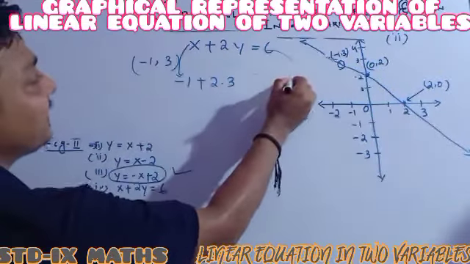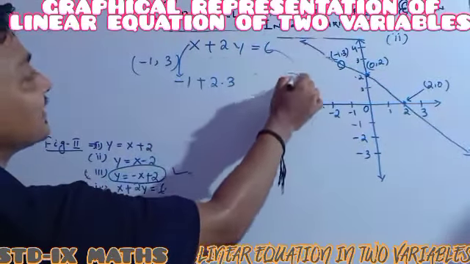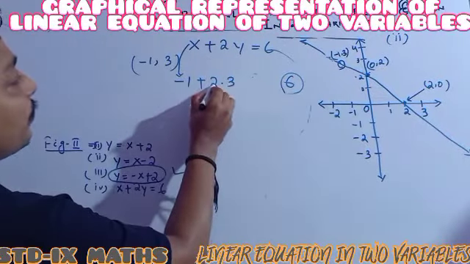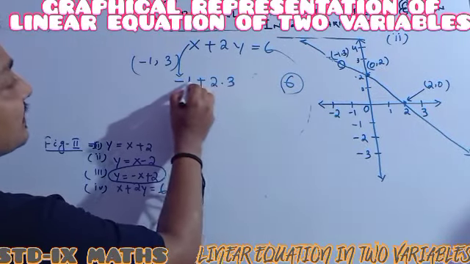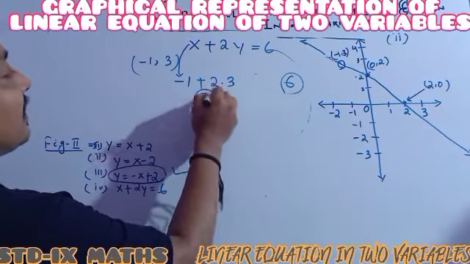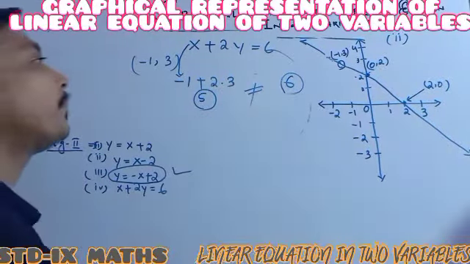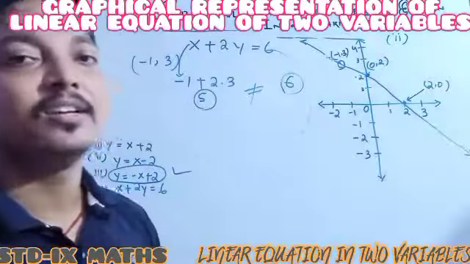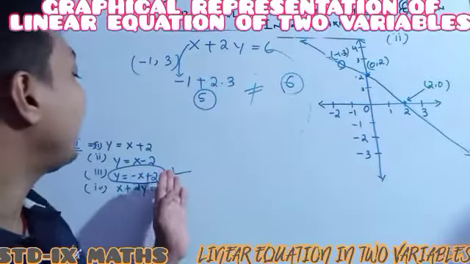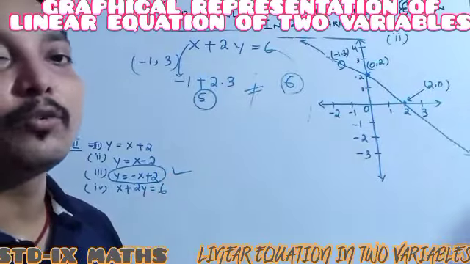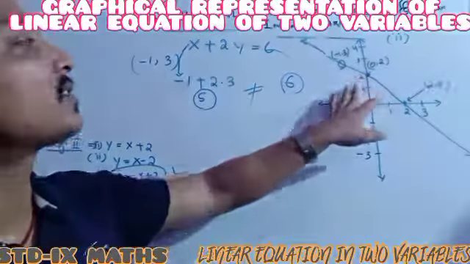How much are we getting? Is it equal to 6 or not? The right side is 6, and the left side: 3 twos, sorry, 3 twos are 6, 6 minus 1 is equal to 5. The left side gives 5 but the right side is 6. It means this is not a point of this linear equation. So the third one is the linear equation in two variables whose graphical representation is this one.